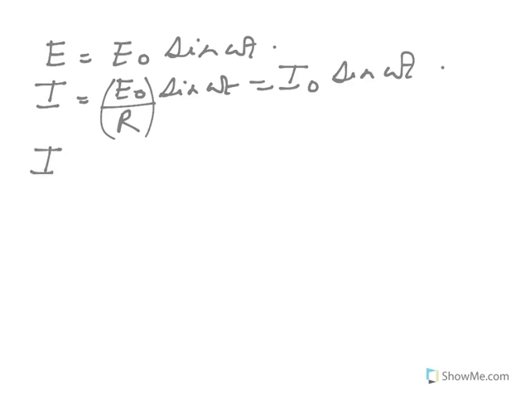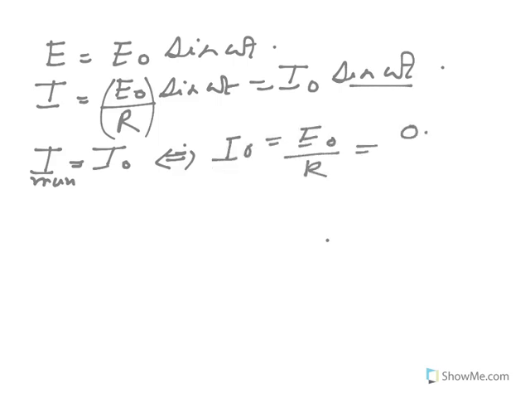So I max becomes equal to I0 because the maximum value of sine omega t is 1. And I0 is equal to E0 by R, that is 0.6 by 10, it becomes 0.06 amperes.